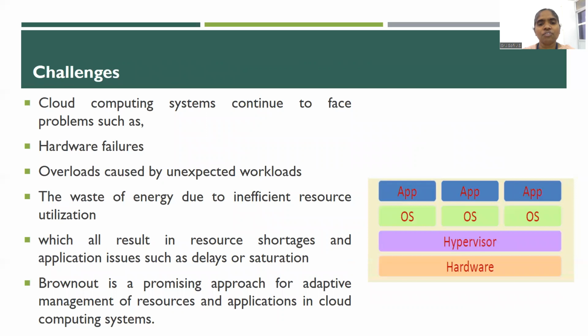If there are 4 requests from the user, you can allot 2 virtual machines from the first physical machine, and if you allot another 2 virtual machines from physical machine 2, it means we are unnecessarily wasting the energy, because physical machine 1 itself is capable of providing 5 services to the clients.